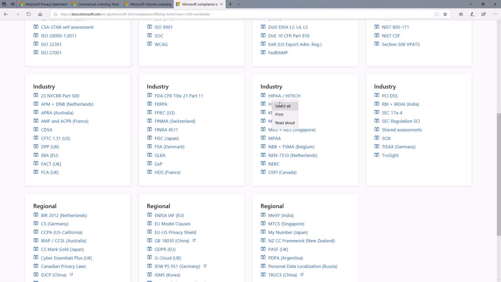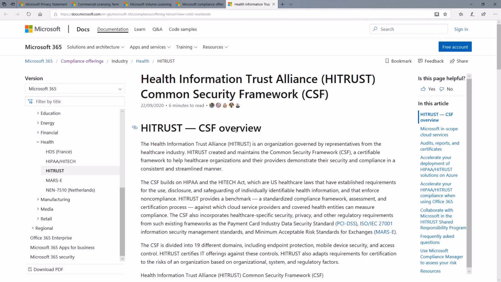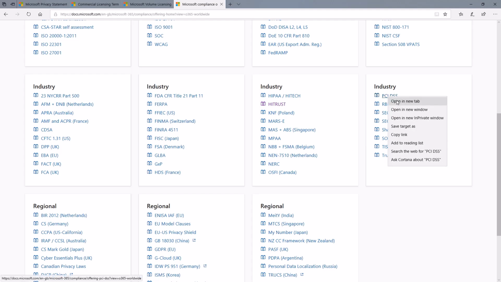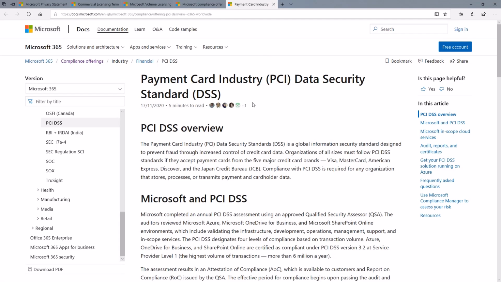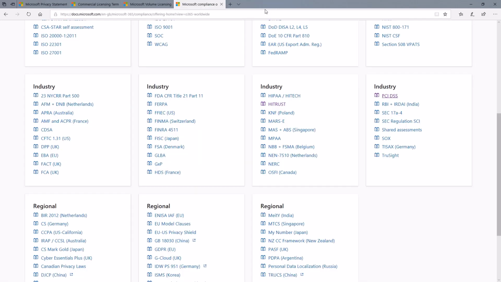So that is the Health Information Trust Alliance. So this is a set of compliance requirements for health professionals. Similarly, we've got PCI DSS, so the Payment Card Industry Data Security Standard. This is for credit card data.